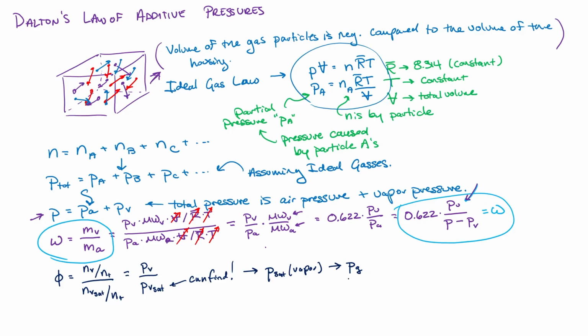So this is the pressure of our gas at our saturated state when we're moving between vapor and liquid. So we can say that this guy is going to be equal to our vapor pressure divided by our saturated pressure for liquid vapor, so PG, from tables.